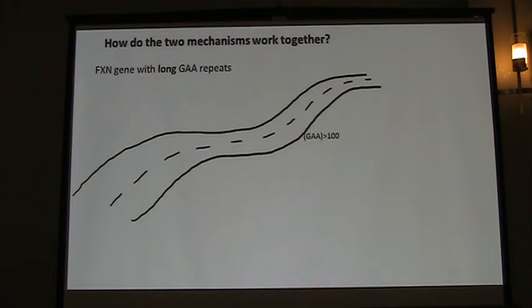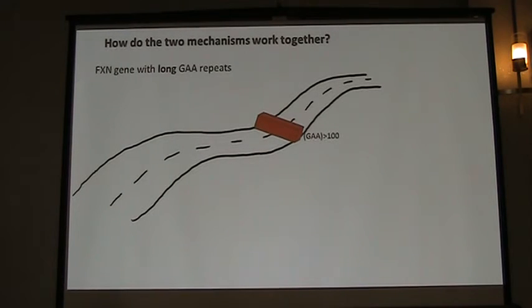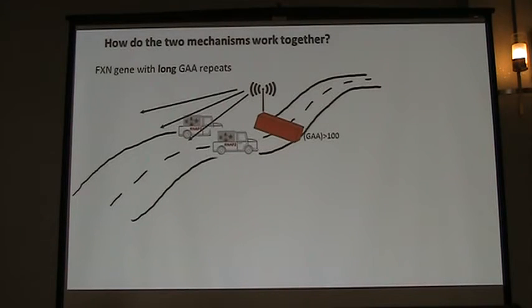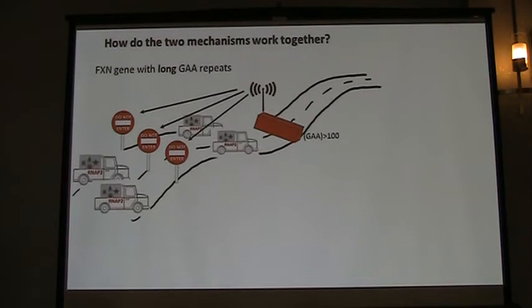We don't know for sure, but we can hypothesize, going back to our analogy, that when the roadblock appears, when the R loops appear, when you have long repeats, and the first few trucks cannot travel along the road because of the roadblocks, a signal is transmitted at the beginning of the road, and these do not enter signs are posted so that other trucks know that there's a roadblock ahead and the road cannot be traveled.